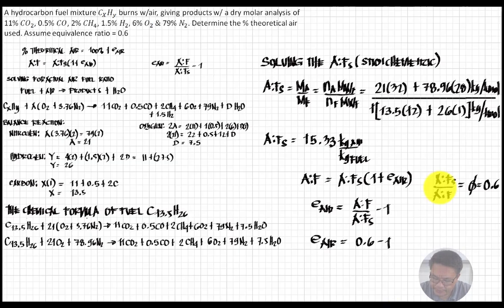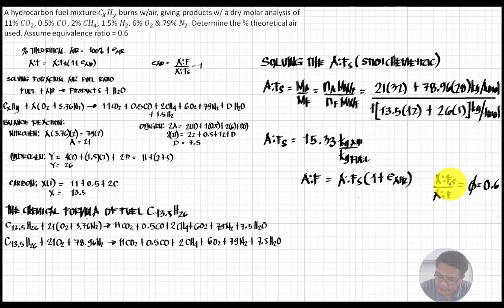Then we have your equivalence ratio. So this is equal to stoichiometric divided by the actual air fuel ratio. Okay, so we have now your stoichiometric and actual.